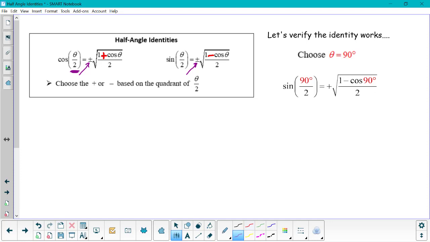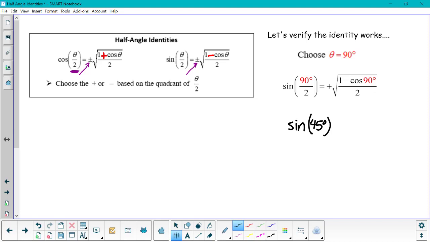Let's verify the half angle identity for sine, since we didn't derive it. I'm going to choose theta as 90, so I'm choosing something we know the exact value of. If I want to find the sine of 90 divided by 2, well, 90 divided by 2 is 45, correct?